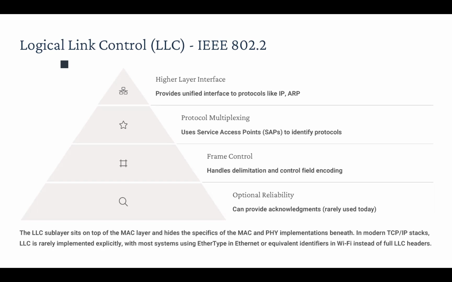In most modern TCP/IP networks, the LLC is implicitly bypassed: Ethernet typically uses the EtherType field, and Wi-Fi uses equivalent identifiers for protocol demultiplexing instead of a full LLC header.